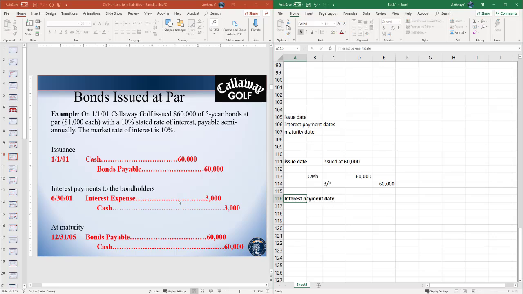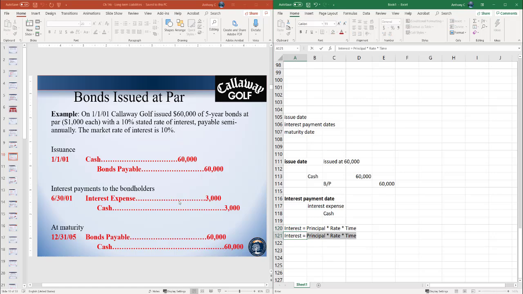Right, interest payment date. On this date, we're actually making our interest payments. So if you think about what's happening, we're making cash interest payments, so we'll credit cash. And since we're incurring interest cost here, we'll debit interest expense. All right, the amount of interest is equal to principal times rate times time.